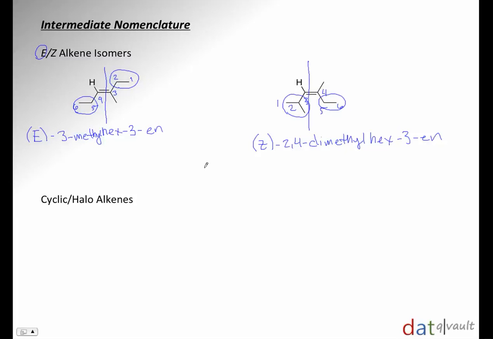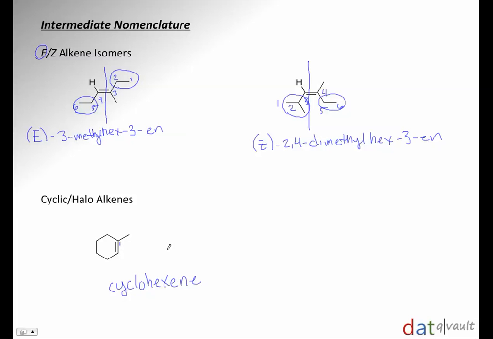Alright, the next thing we're going to look at are cyclic and halo alkenes. Cyclic alkenes are named in a similar manner to straight chain alkenes. First, we're going to find how many carbons are in the cyclic structure. This cycle has 6 carbons in it and an alkene, so it's going to be a cyclohexene. Since alkenes get naming priority over alkyl groups, the hexene is going to be the priority substituent in this molecule, so we actually don't need to number it.